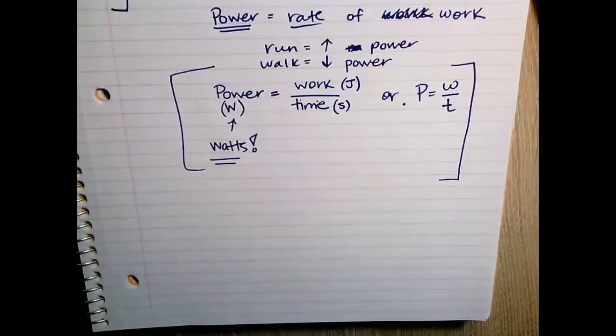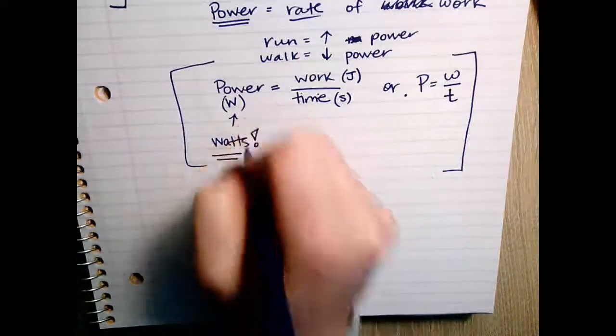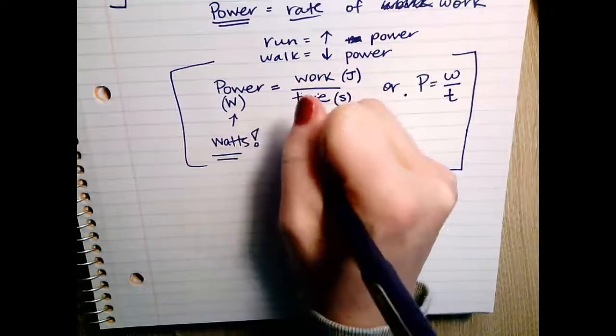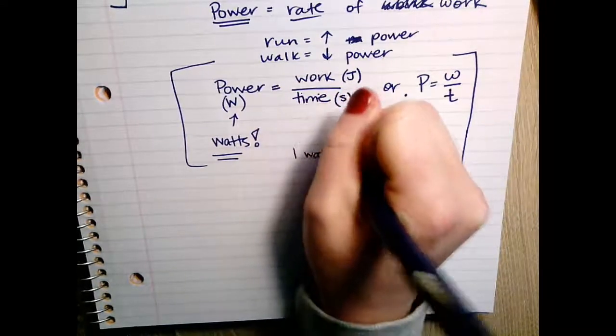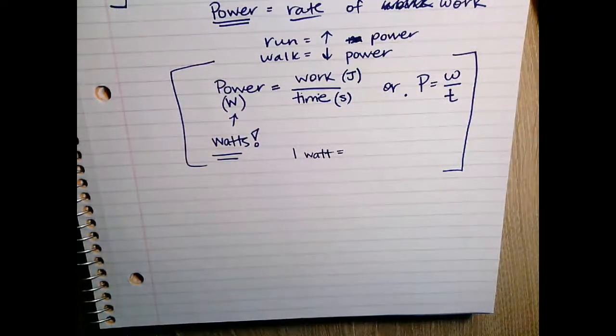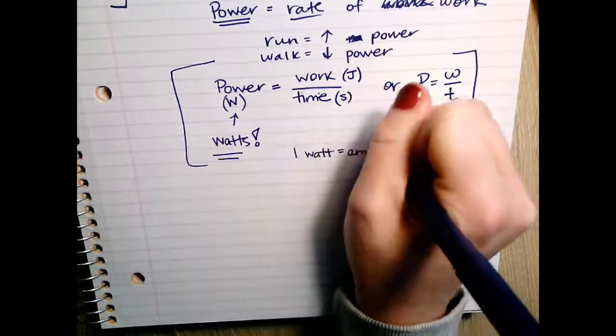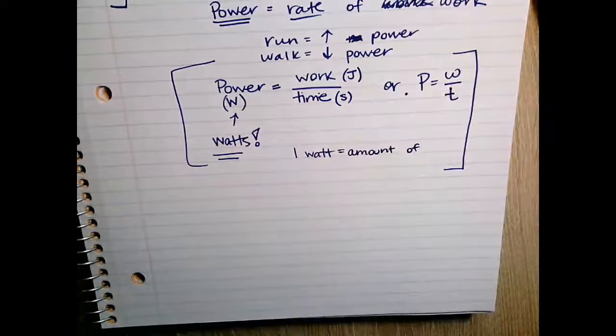So we are going to give another example. So we noted that power is measured in watts. 1 watt, just so you guys can kind of understand a watt a little bit better. A watt is the amount of power. Now, when you guys think watt, you might think like a light bulb.